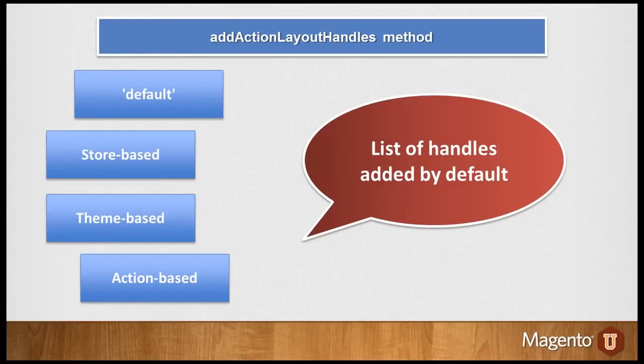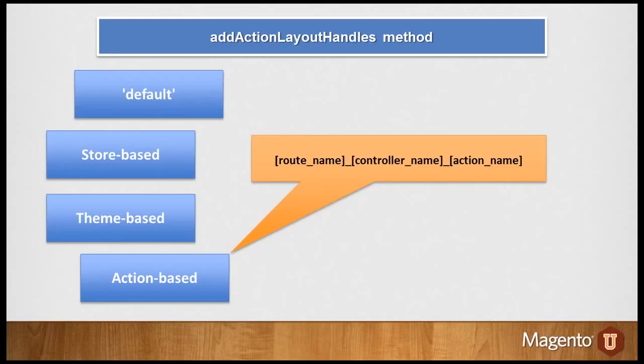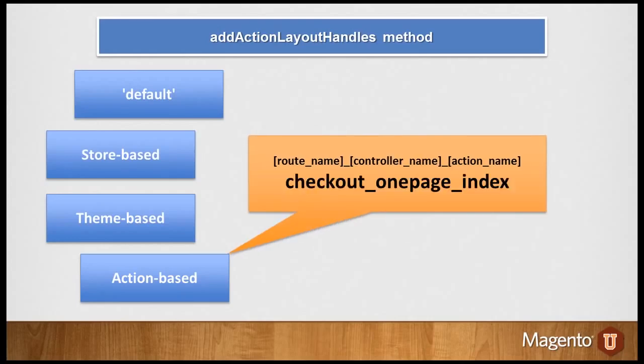In many cases, the system will find a match for at least two handles named default and action-based, where action-based is based on a pattern, route name_controller name_action name. In the case of a checkout page, this second handle is checkout_onepage_index. You see here two other handles, store-based and theme-based.